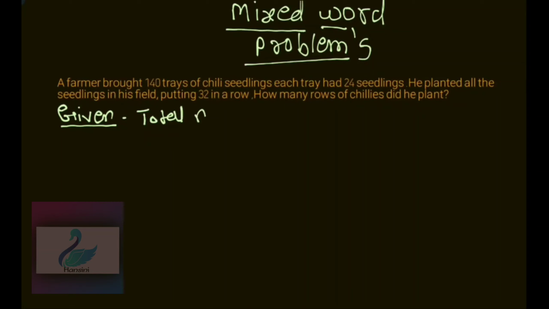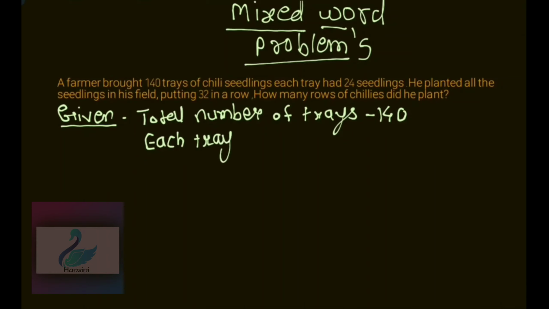For solving such kind of sums, we need to write given, to find, and the final answer. For such type of sums, writing the final answer is compulsory. So now we will write the given. Here the given is total number of trays is 140. Each tray had 24 seedlings. Rows of seedlings were 32.